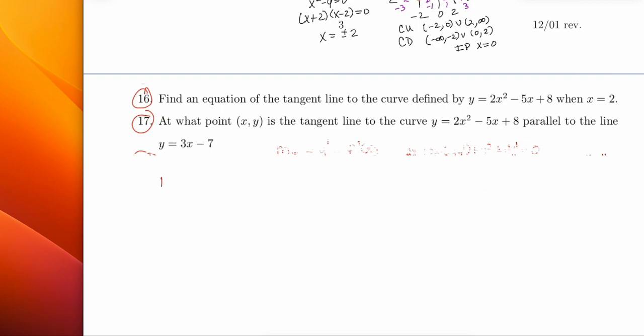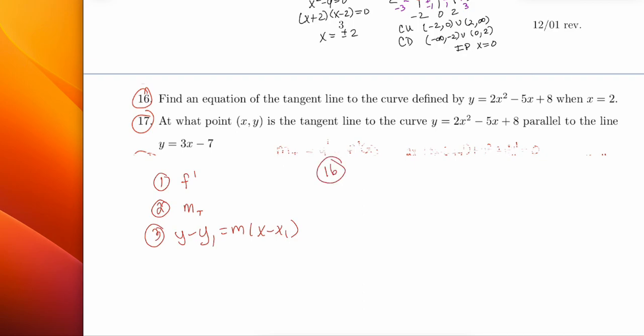The first thing you want to do is find the first derivative. Second, you plug in the value, so you find the slope of the tangent. The third thing you want to do is y minus y1 equals m times x minus x1. Okay? So we're going to follow those 3 steps for both 16 and 17.